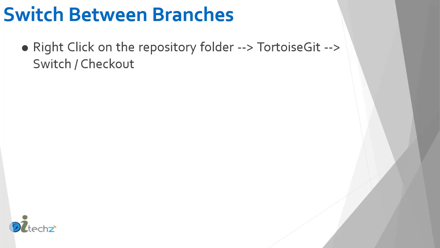To switch between the branches, right-click on the repository folder, select TortoiseGit, and then click on Switch/Checkout. Now let me show you the demonstration.